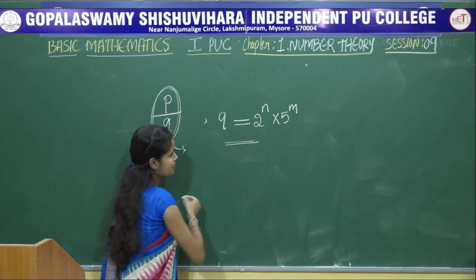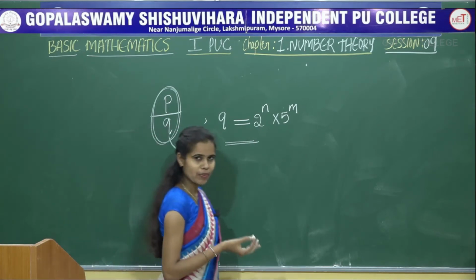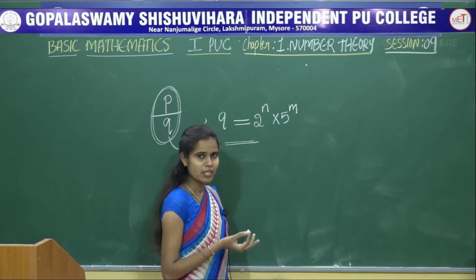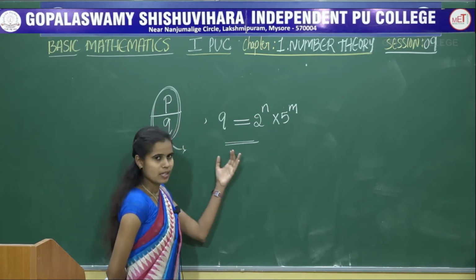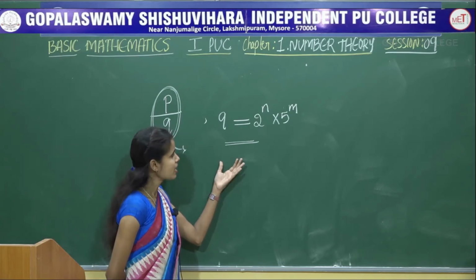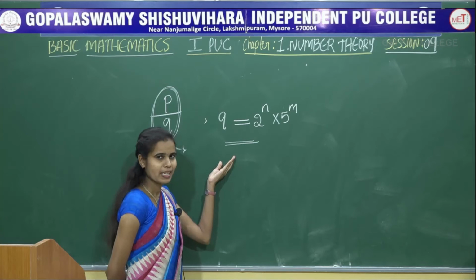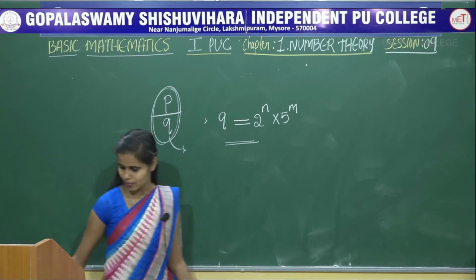So in the exam, the question will be asked like this: without actually performing the long division, verify whether the given rational numbers will have a terminating decimal expansion or a non-terminating decimal expansion. Okay. Now let us discuss some problems.